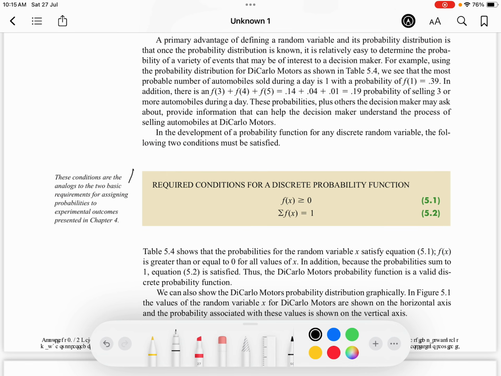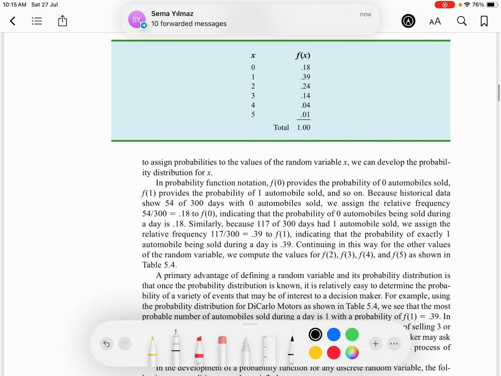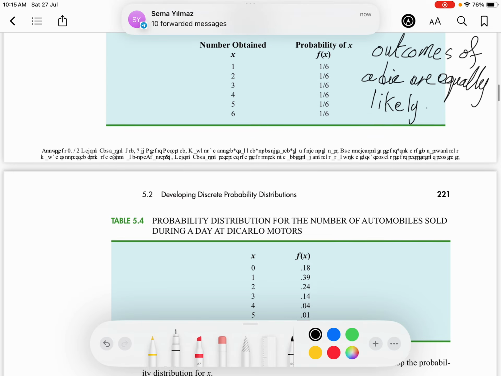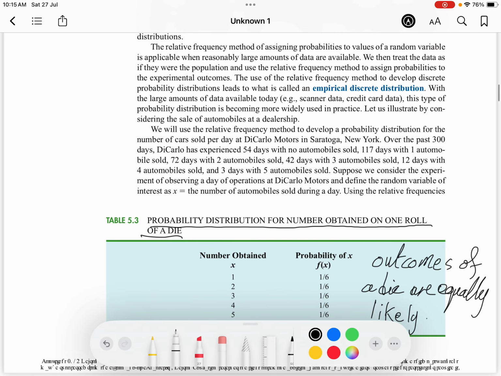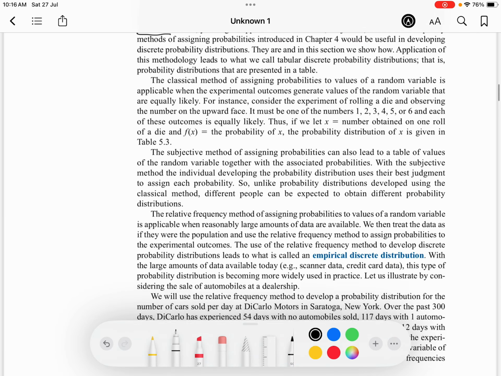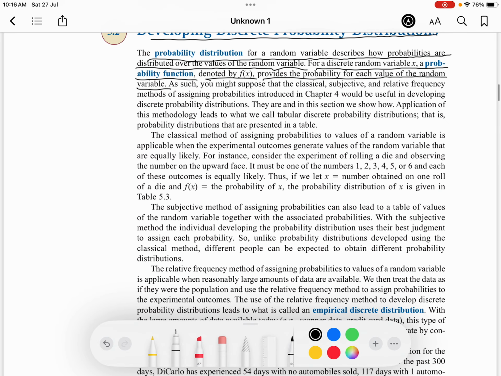And the most important thing, this box: required conditions for a discrete probability function. f of x greater than or equal to 0; the probability is always greater than or equal to 0 and less than or equal to 1, and the summation of f of x equals 1. We give the name probability distribution to f of x.